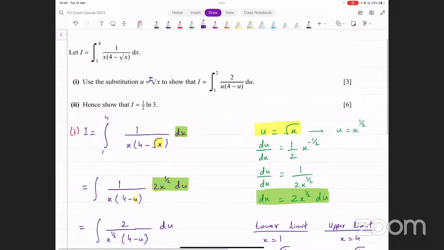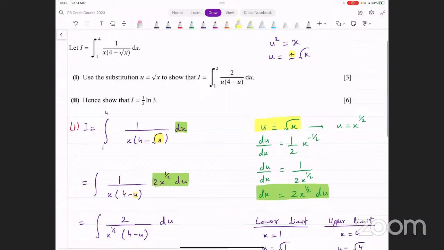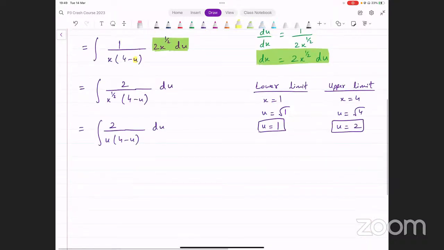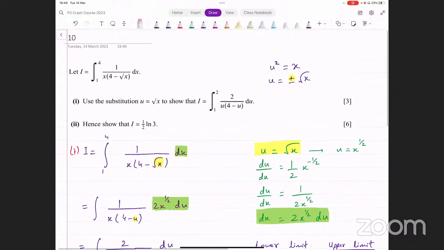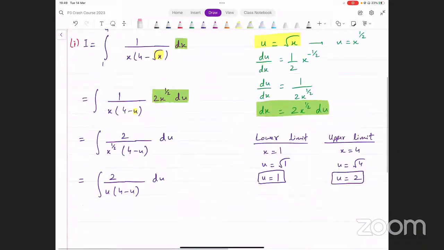When we take the square root ourselves, so if it was, let's say, u squared equals x and we were taking the square root ourselves, then we would say u is equal to plus minus square root of x. But they've only written square root of x here. That means they're only considering the positive case, not the negative case. So we will just write square root of 4 equal to 2 here, not minus 2. So these are the limits that you have from 1 to 2 for u.